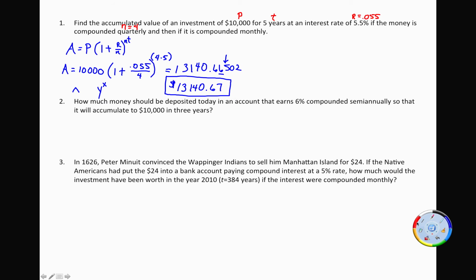Okay, the next problem uses everything exactly the same, except I'm going to change N to 12, right? Because there are 12 months in a year.